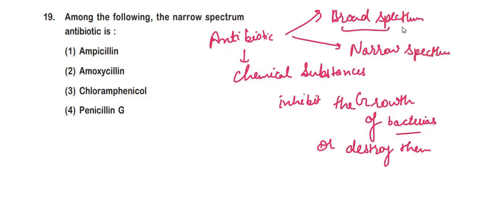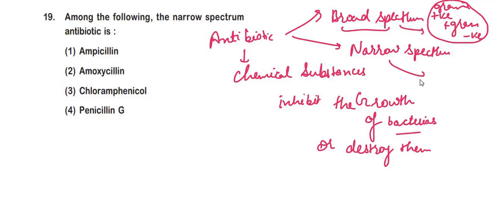Now broad spectrum antibiotics are those which work on both types of bacteria, gram positive and gram negative. When the antibiotic kills both types of bacteria, gram positive and gram negative, then it is known as a broad spectrum antibiotic.